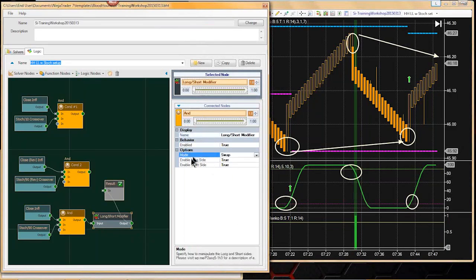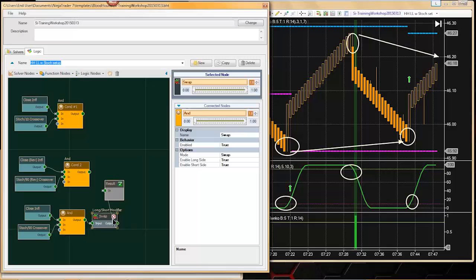Because the long-short modifier's default setting is to swap the outputs, right? So it swapped that short output for a long, and it would swap the long output for a short. And I'm going to take this long name here and shorten it up, like so, and bingo.